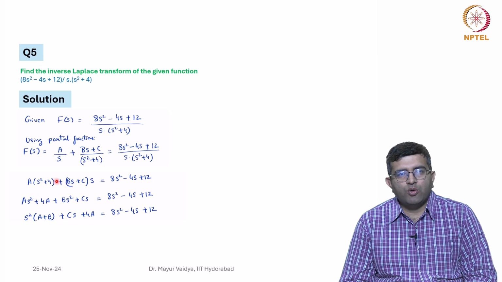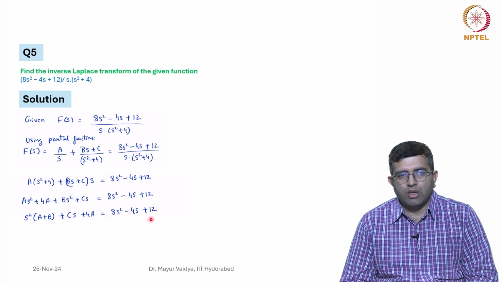Then if you open the brackets and collect the terms of s square, you have A plus B, plus Cs, plus 4 times A, and that is equal to 8s square minus 4s plus 12.